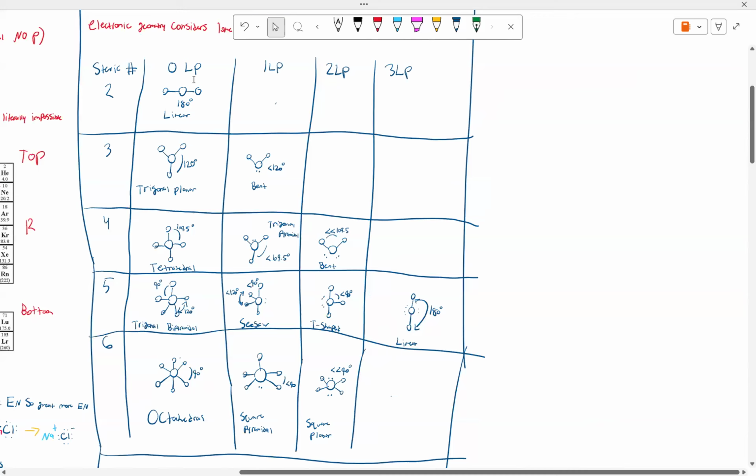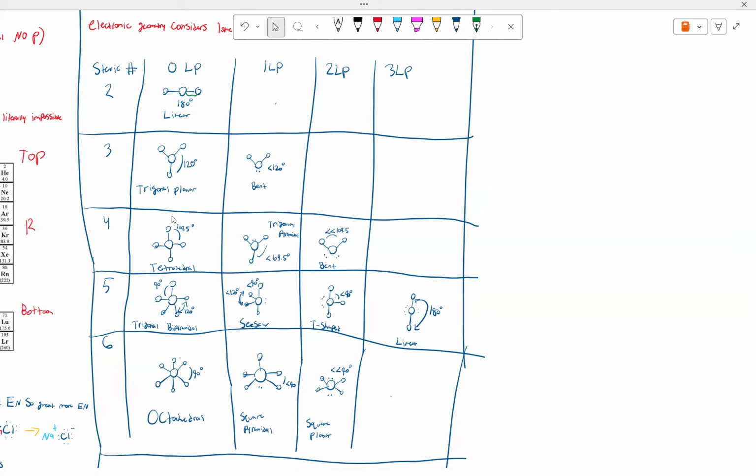For zero lone pairs and two groups, it's 180 degrees for the bond angle between the central atom and its peripheral atom, or what's bonded to it. So it's linear because it's 180 degrees, which makes sense. Trigonal planar: tri meaning three, and it's planar, so it's kind of flat.